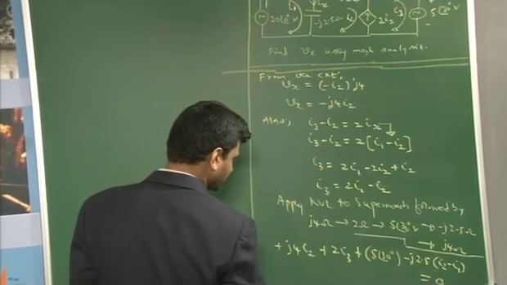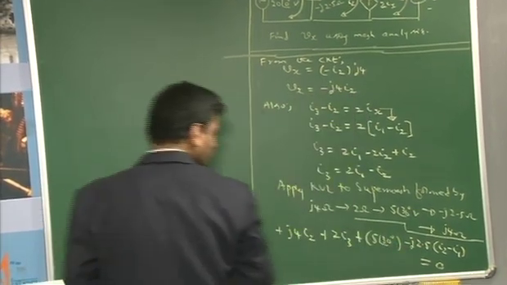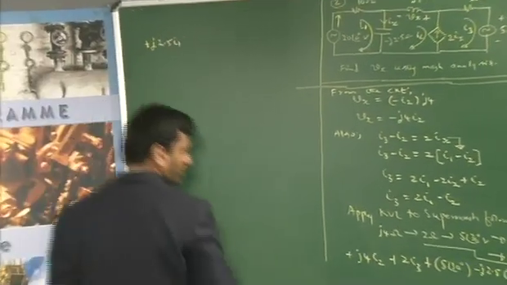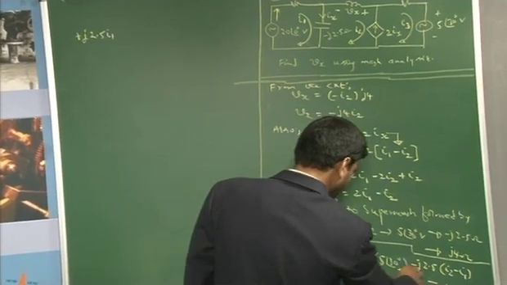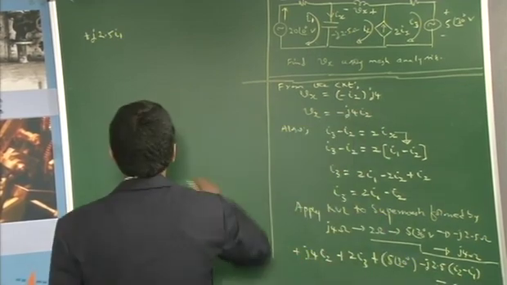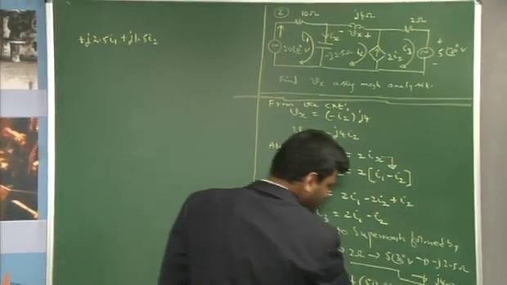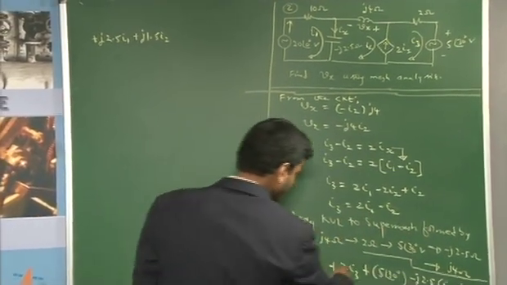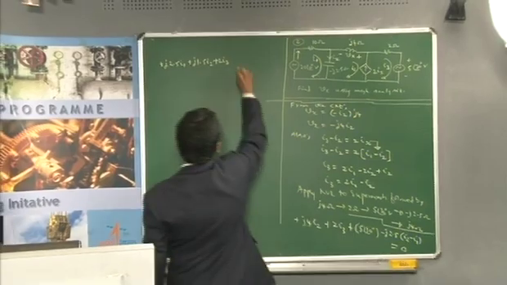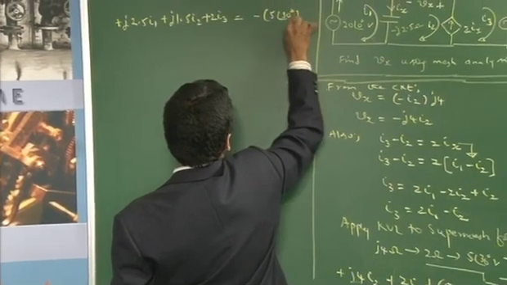Now, arranging this equation, what do we get? First I1 terms, okay. So, plus j2.5 I1, then I2 terms, minus j2.5 I2 plus j4 I2, so plus j1.5 I2, okay, j4 I2 minus j2.5 I2 is j1.5 I2, then plus 2 I3, then this one goes to the right hand side, becomes minus of 5 at an angle of 30 degree.